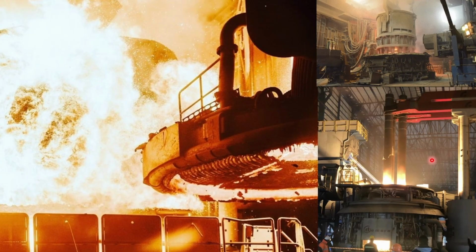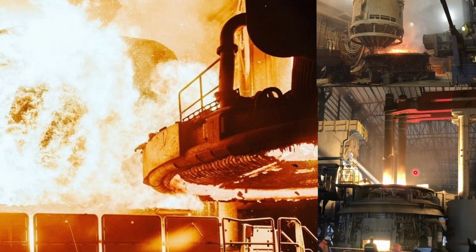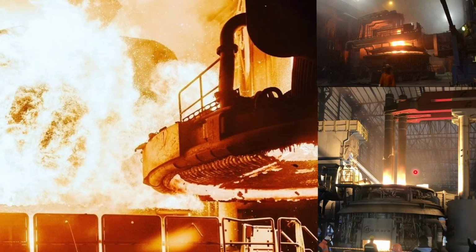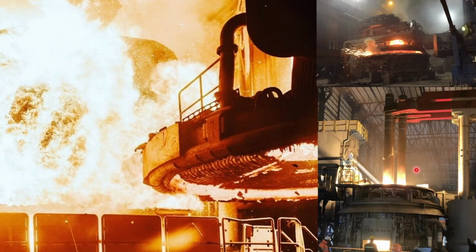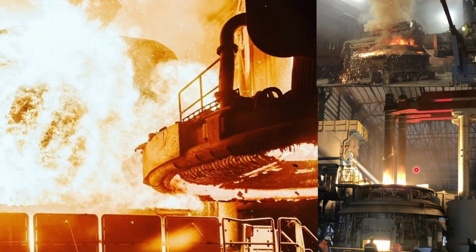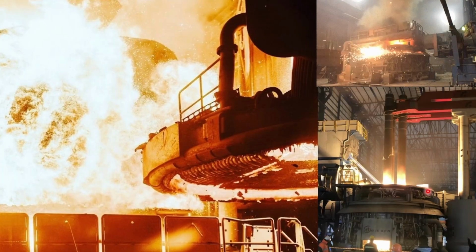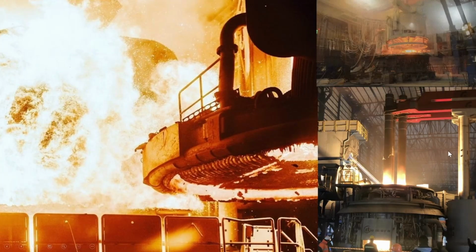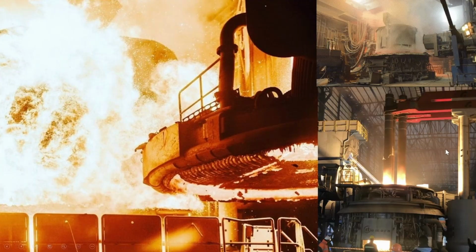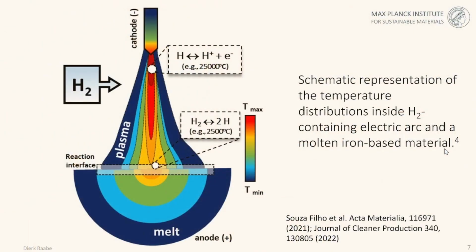Of course, you would have to revisit the survival rate of these graphite electrodes or might go to different types of electrode strategies. And of course, you must revisit also the slag metallurgy and the insulation of the material. So it's not easy, but in principle, these technologies seem to be scalable.